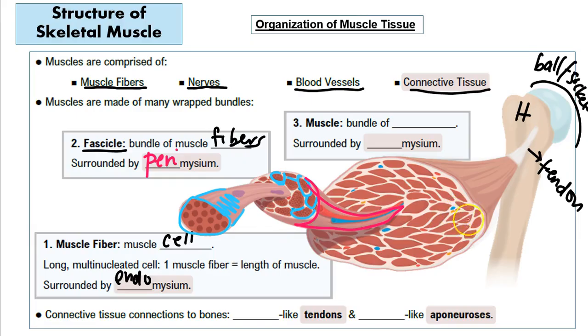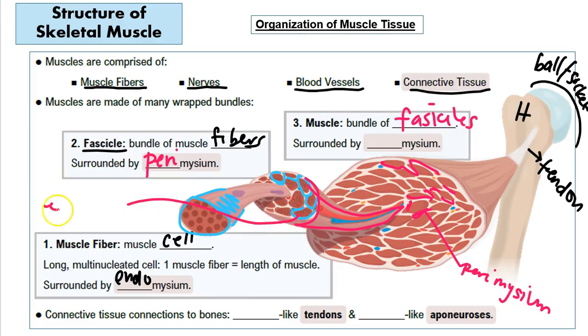And as you can see, when we get to an overall muscle, it's going to be a bundle of fascicles. So if they're all surrounded by perimysium, then all of this here, all this connective tissue here, all the white portions here, is going to be perimysium. Remember, all the blue here is going to be endomysium.